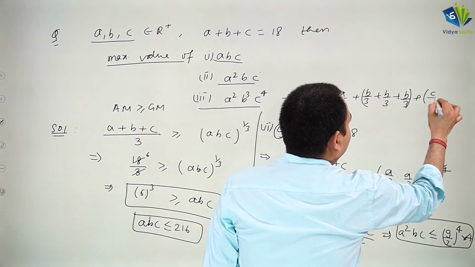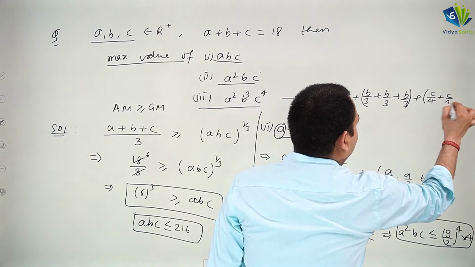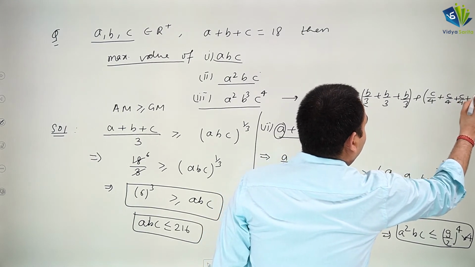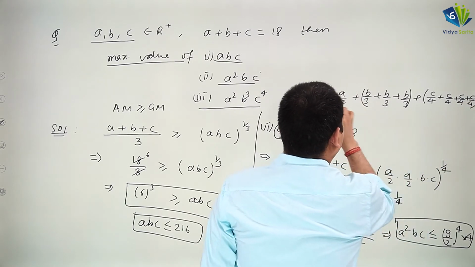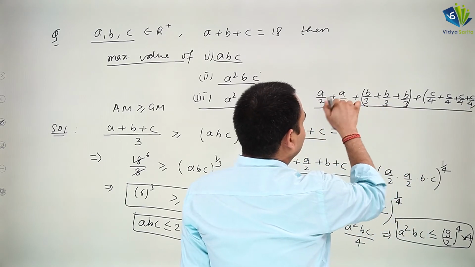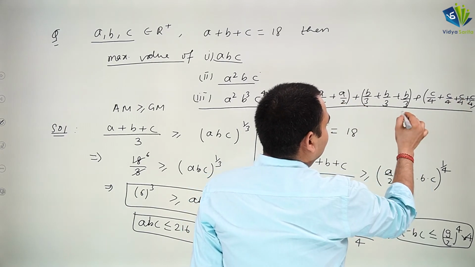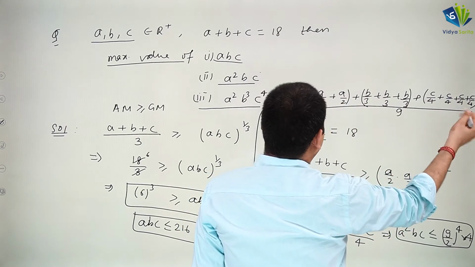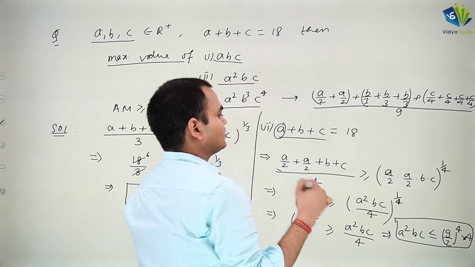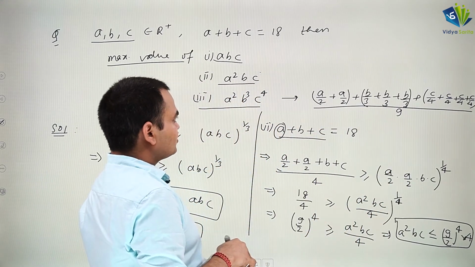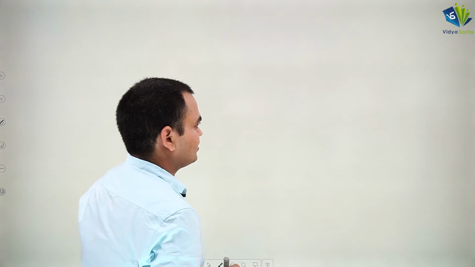So like that we can apply AM greater than or equal to GM over here. Now how many quantities are there? 2, 3, 4, that is 9 quantities, and again greater than or equal to whatever. So this is a hint. Let us do some more problems, standard problems.